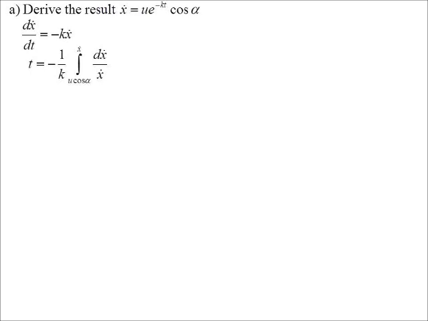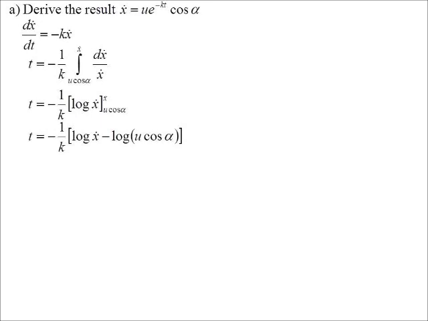On the left-hand side, I knew that the 0 to t just ends up being t, and I did that all in one hit, so I've done two steps in one there. Well, that's just a log function. So minus 1 on k, the log, substituting x dot, substituting u cos alpha.